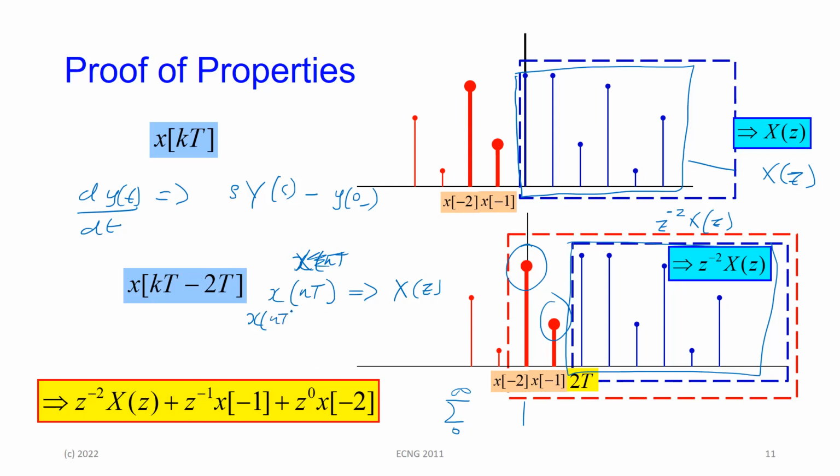If I delay this by any amount k, meaning that it's causal, then what I have is z^-k X(z).